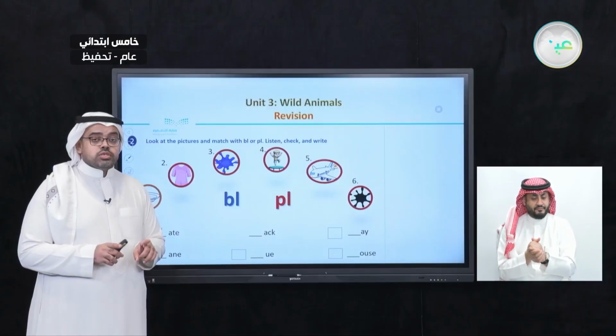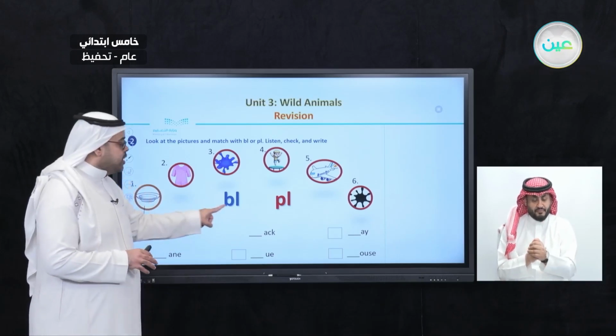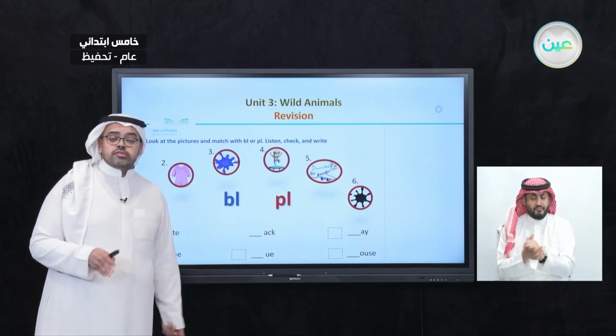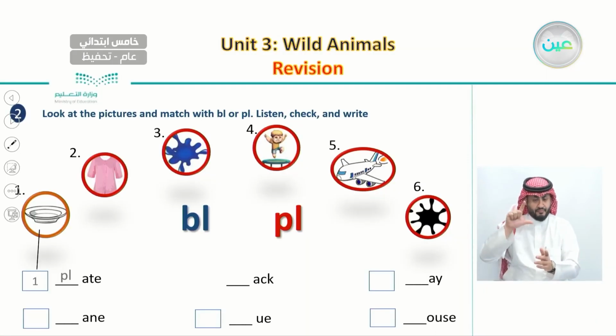Most importantly, we need to continue these words with either BL or PL. The first example here is already answered for you, which is this one: this picture matches this word that starts with the PL sound, as in plate, plate.